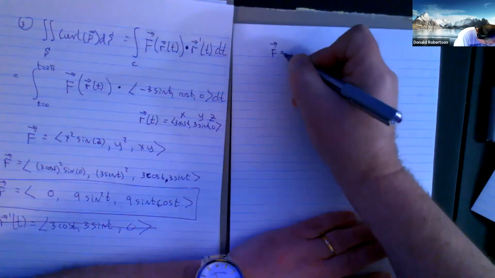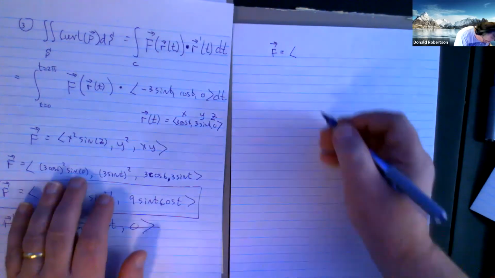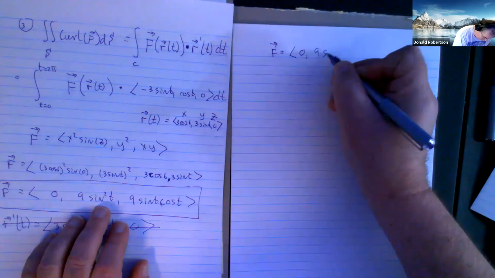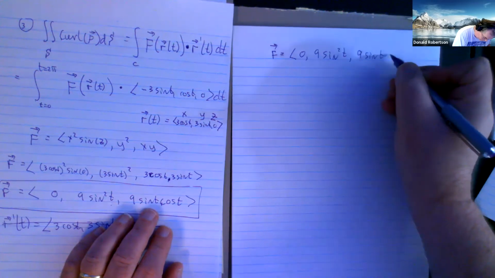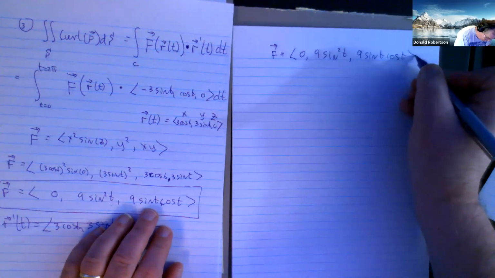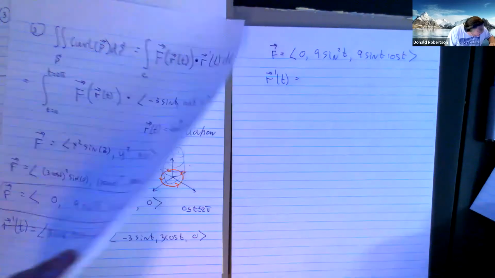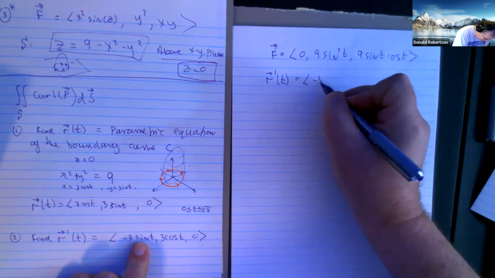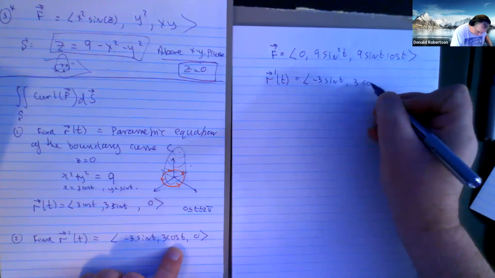We have this fella, which ends up being 0, 9 sine squared t, 9 sine t cosine t. We have this guy, which is the one I should have got, and that guy is -3 sine t, 3 cosine t, 0.